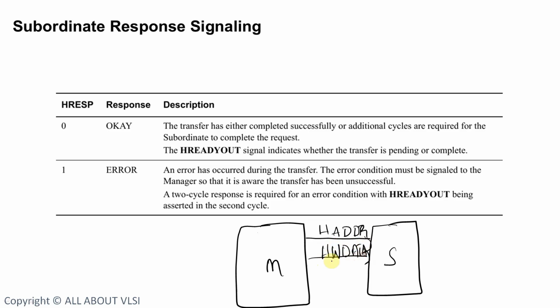For this address and data, the slave should respond to that particular transfer. If it is a write transfer, the slave should respond by providing the corresponding HRESP signal. If HRESP is equal to 0, the slave is sending an OKAY response. That means the transfer has completed successfully.